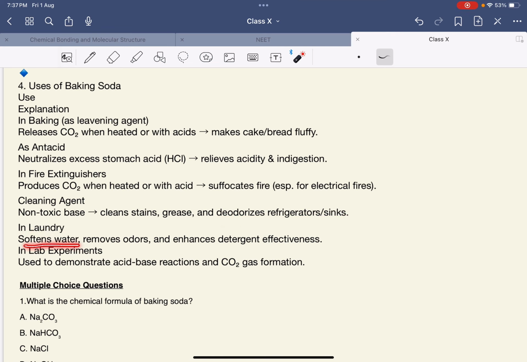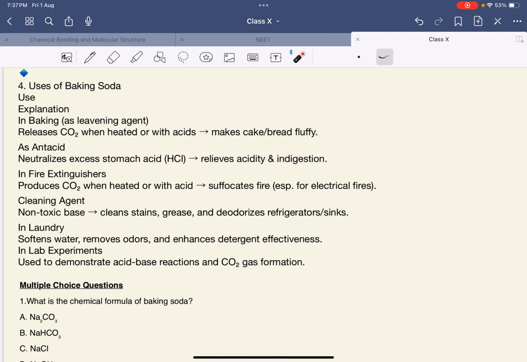In laundry, it softens water, removes odors, enhances detergent. Used to demonstrate acid-base reaction and CO2 gas formation. So, again the role of baking soda: leavening agent, antacid, cleansing agent, used in laundries.